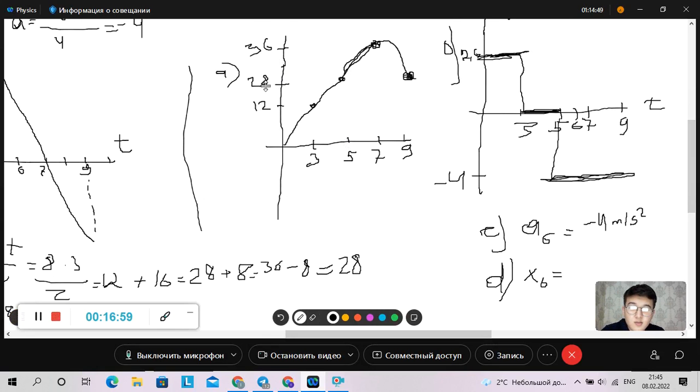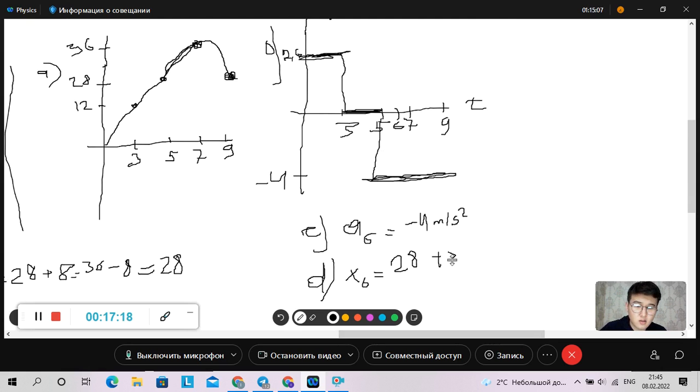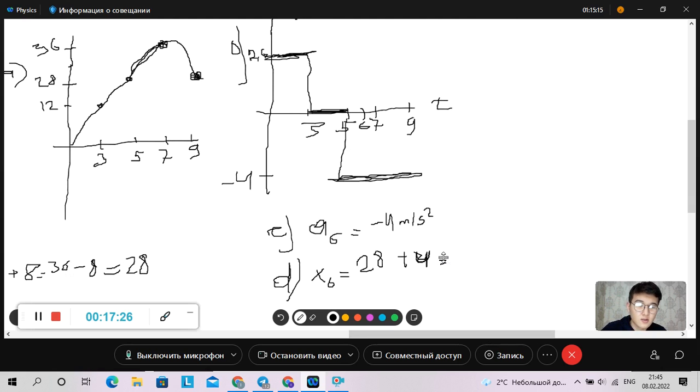At 5 seconds the position is 28. We need to add 4 because from 5 to 6 seconds the position changes by 4. The position at 6 seconds is 32 meters.